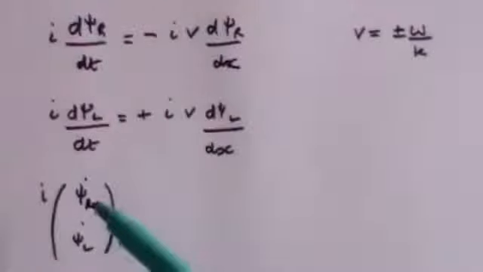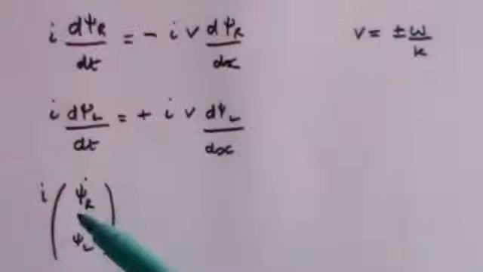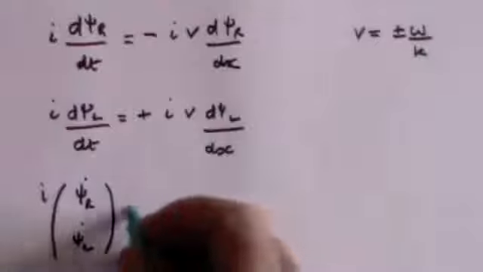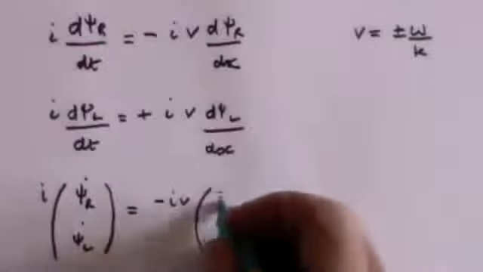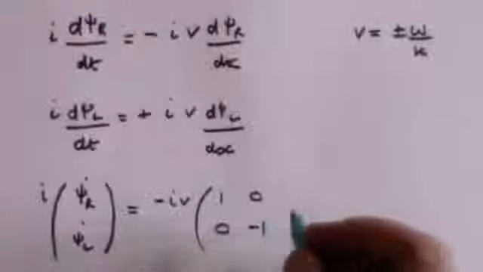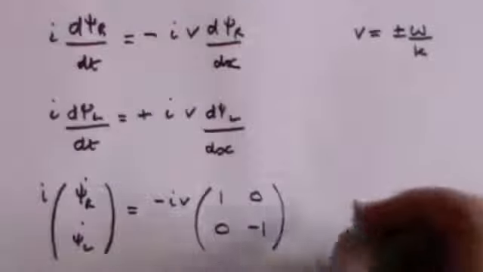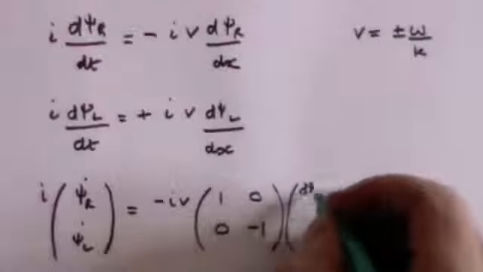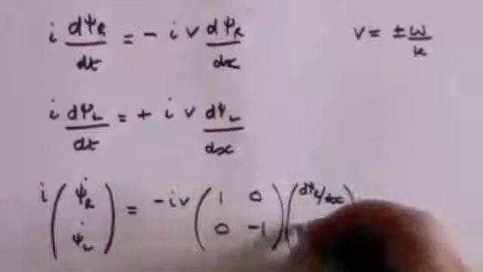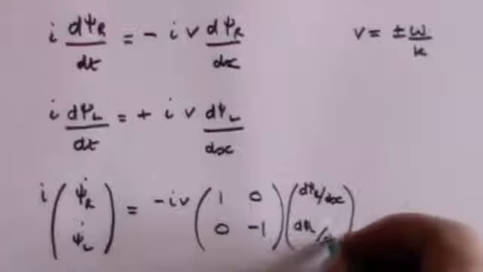Psi right dot is simply the derivative of psi right with respect to t. That's just a shorthand. And that equals minus iv into a matrix 1, 0, 0, minus 1 times a vector d psi right by dx, d psi left by dx.